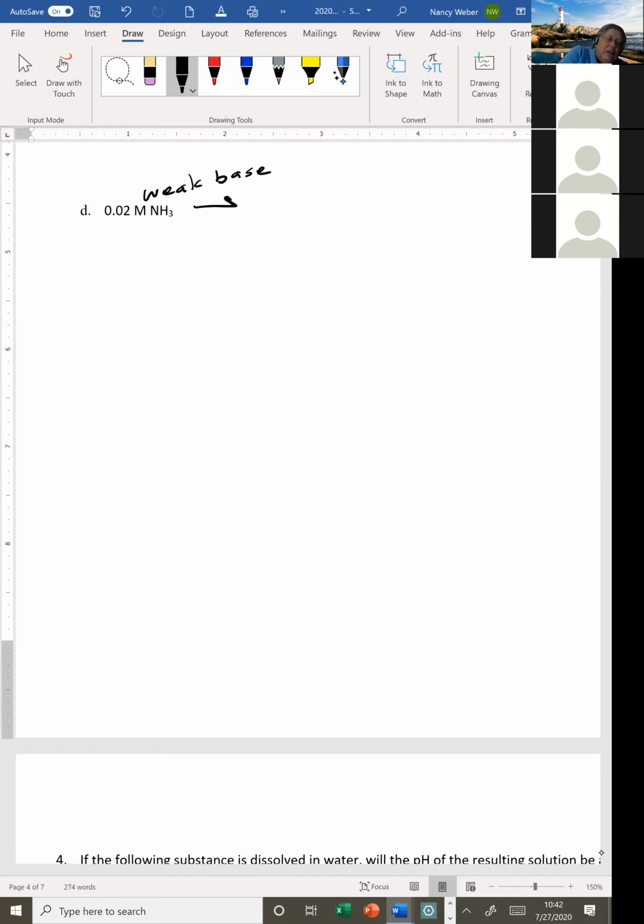So it's in equilibrium with NH4 plus and OH minus. And I should have stuck a water in here, right? So that means I have a Kb that's equal to NH4 plus times hydroxide ion divided by ammonia concentration.